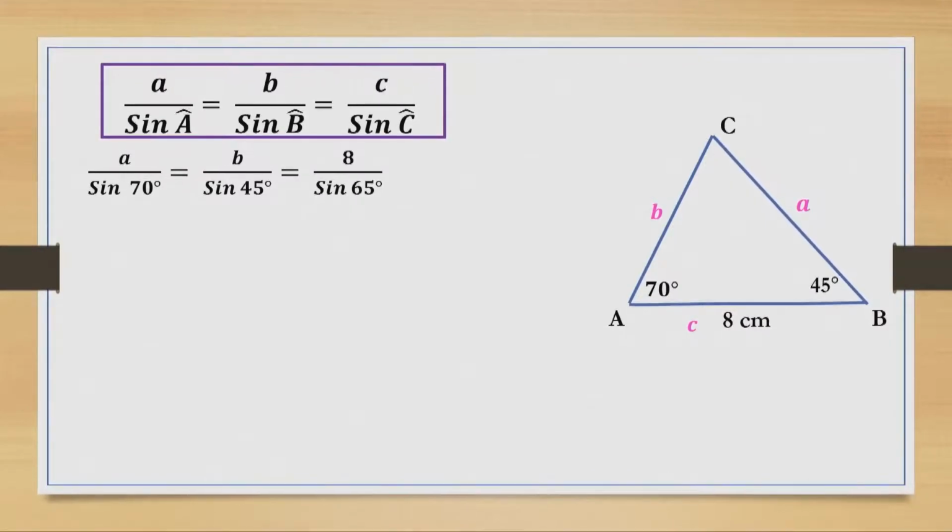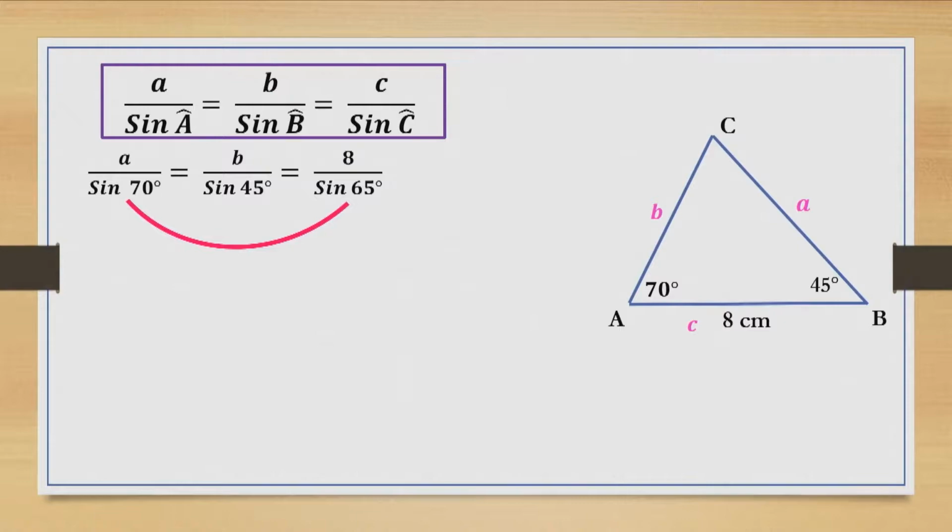Small a, I don't know, but I know angle A is 70 degrees. Small b, I don't know, but I know angle B is 45 degrees. Small c is 8 and angle C we found to be 65 degrees. So I replace whatever is known in the given formula.